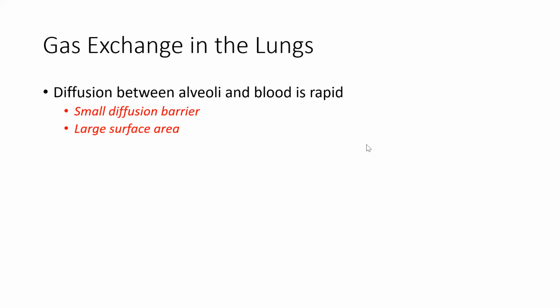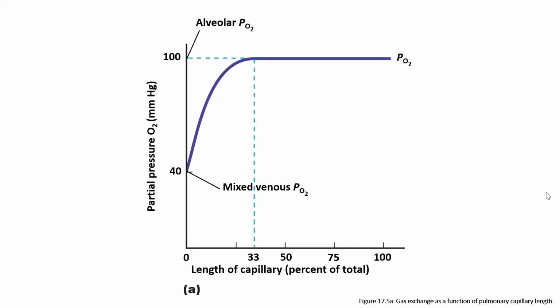Now, in order to combat that, we think about the length of the capillary and how the partial pressure changes quite quickly, and how there's very rapid offloading of these gases that allows for the efficient exchange of the gases. So just to give some context here, we're thinking about the length of the capillary.